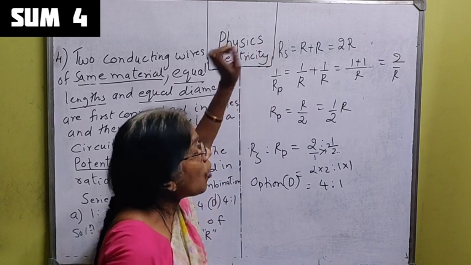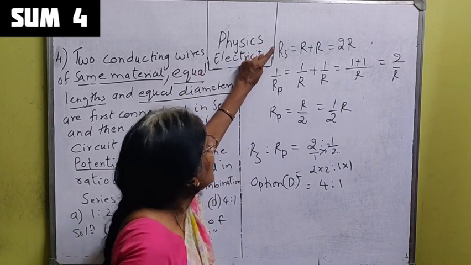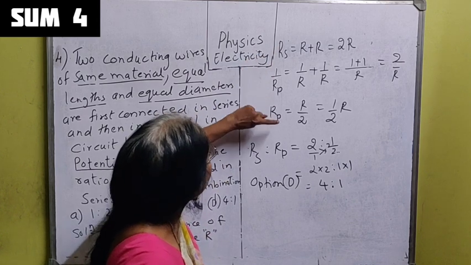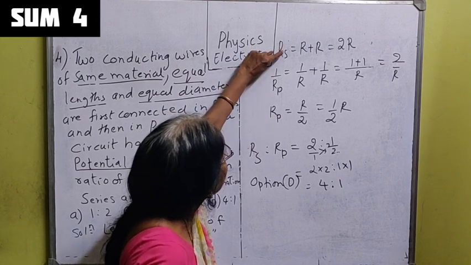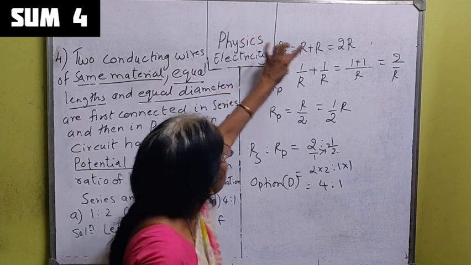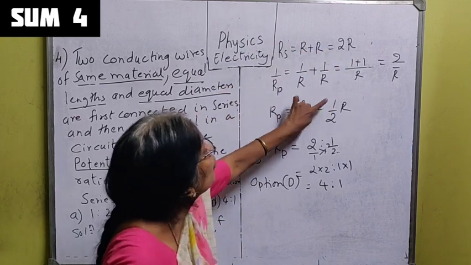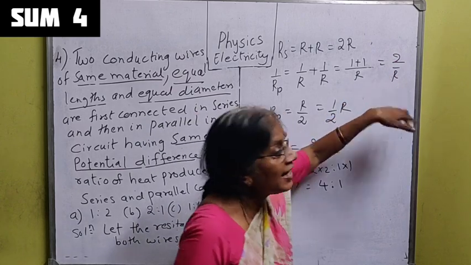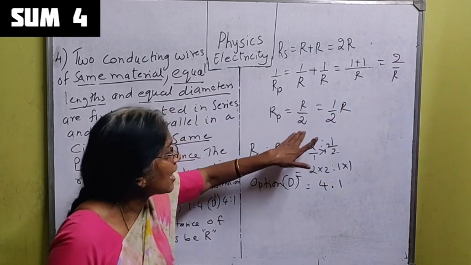Always keep in mind the resistance in series and the resistance in parallel. Rs you got as 2R and Rp you got as half R, because by adding you get 2 by R, and taking the reciprocal you get R by 2.